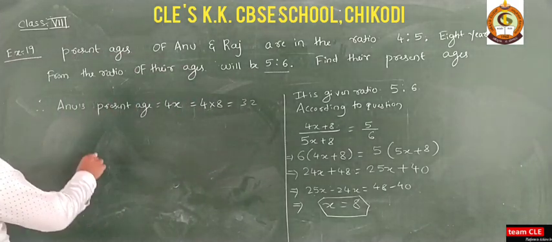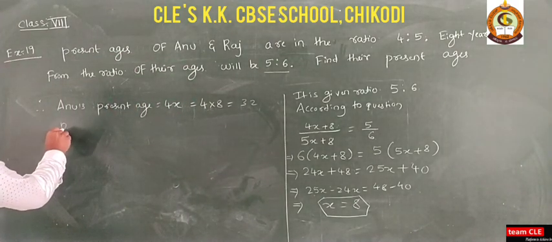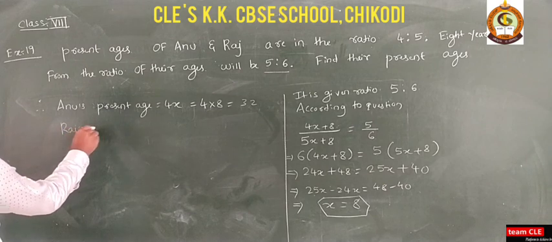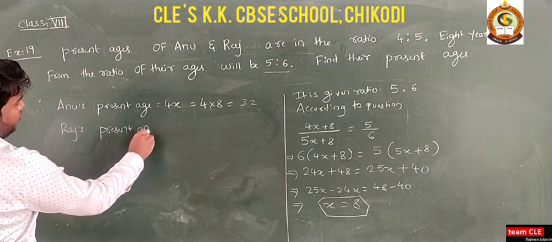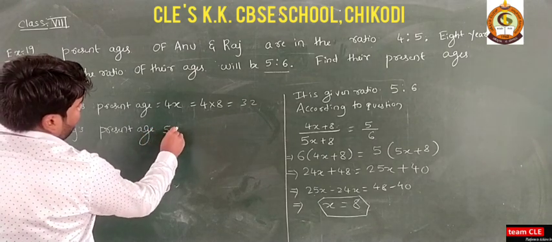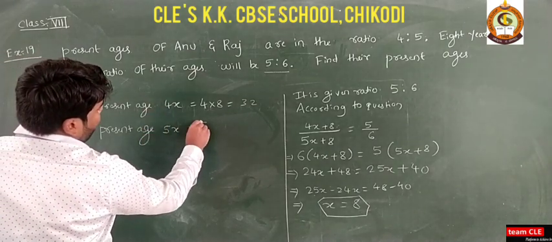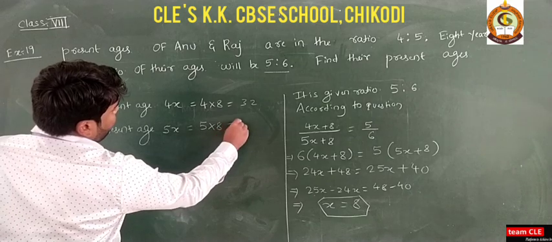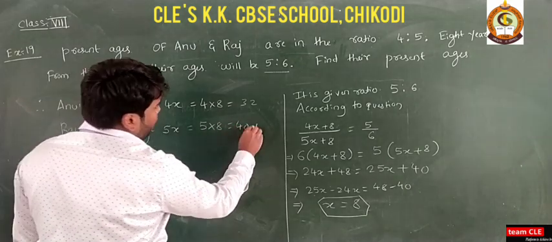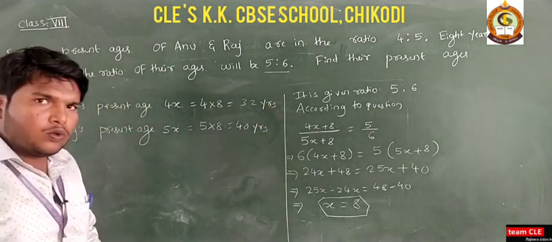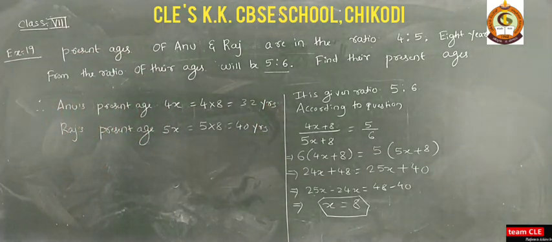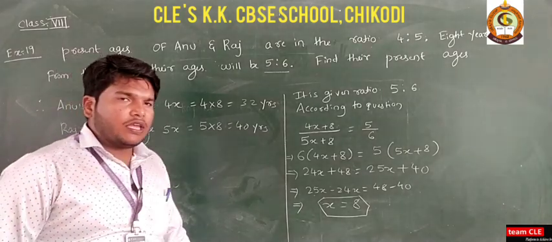And similarly Raj's present age is 5x, means 5 into 8, which is equal to 40 years. So Anu's age will be 32 years and Raj's present age will be 40 years.